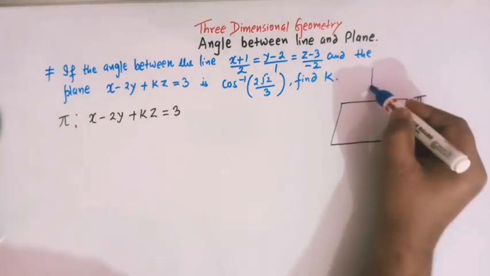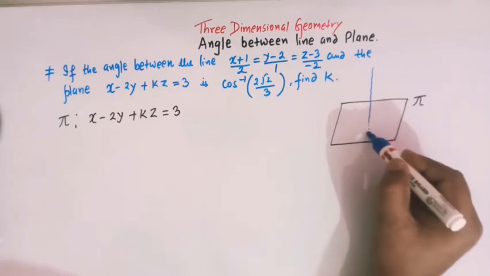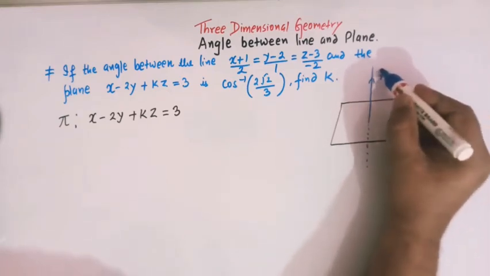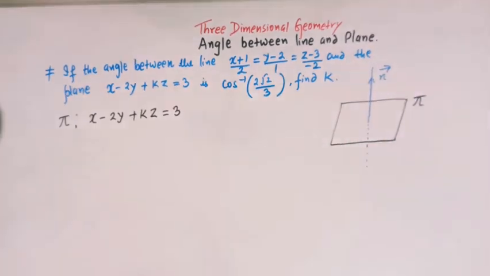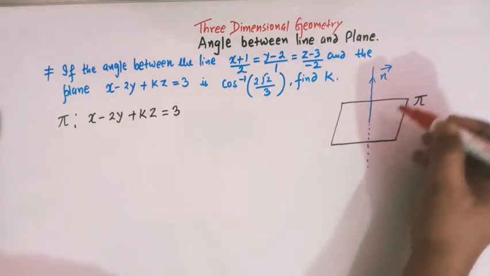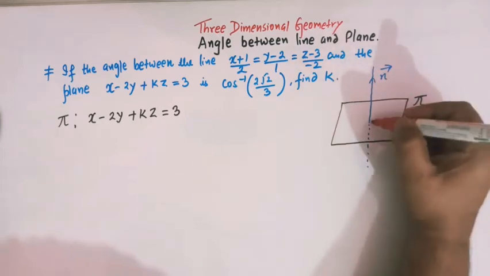Okay, now let us take the normal to this plane pi. Suppose this is the normal vector to the plane pi, and this is denoted by vector n, right? Okay, so now the normal vector is a very important component of a plane, and here let us take the line like this.